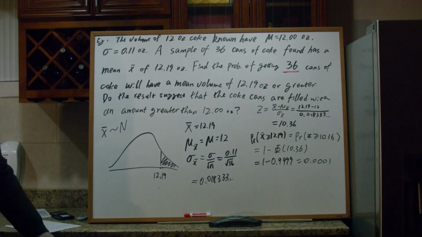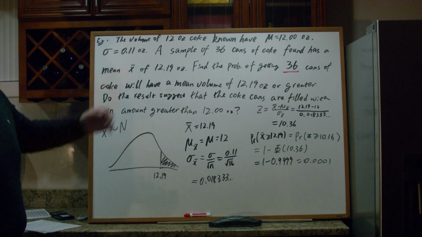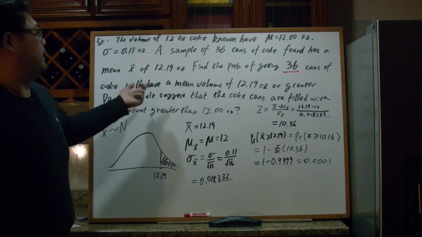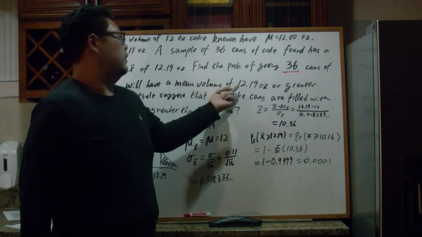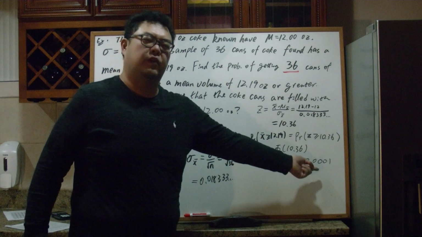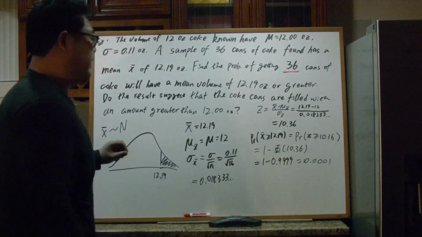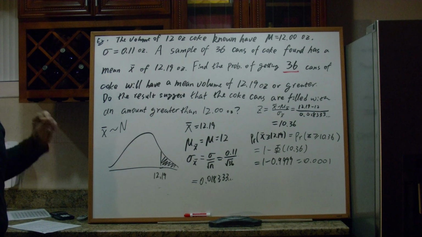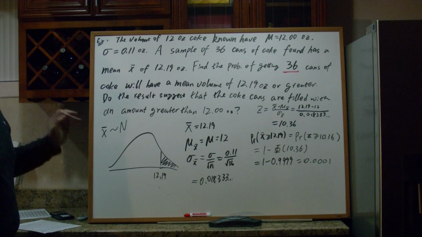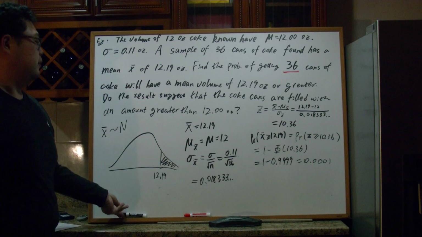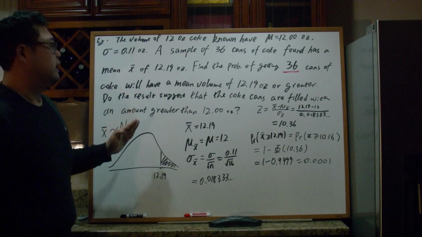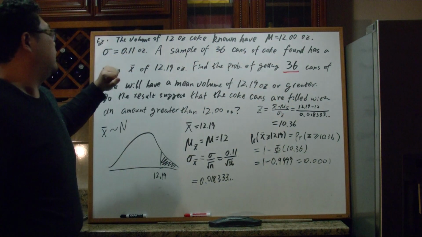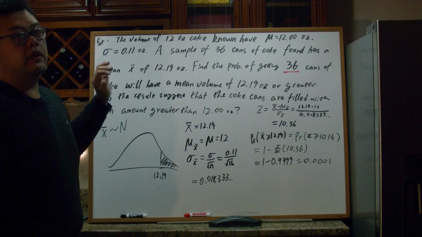So we get the value of the probability, right? The probability of getting 36 cans of Coke with a mean volume of 12 ounces or greater is only 0.1%. So it is very unusual to get 12.19 as the average volume of the Coke sample if the basic condition we make is the mean is 12 ounces and the standard deviation is 0.11 ounce.